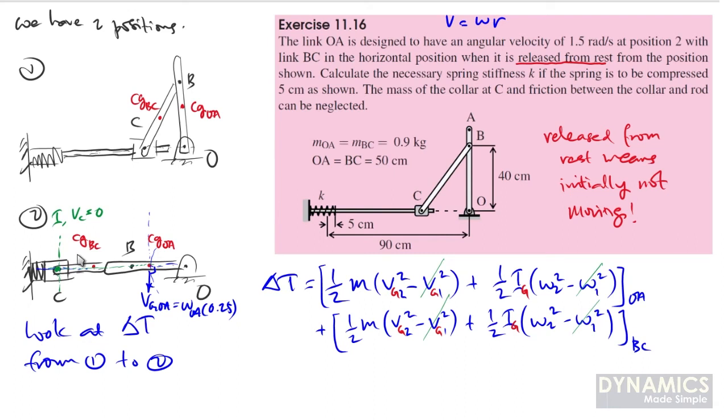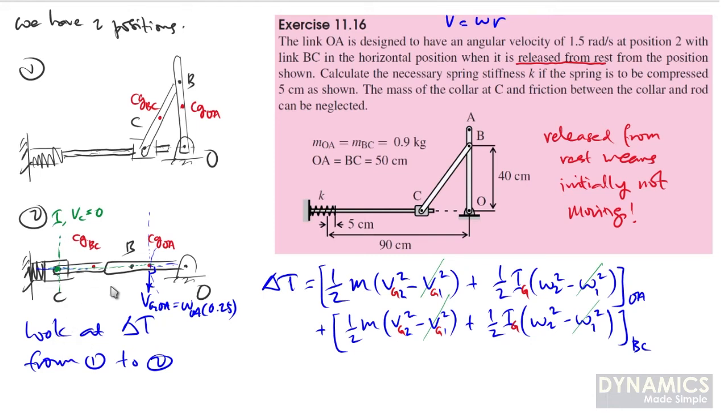How about the velocity of the CG for member BC? In this case we have to use this I again. We know that at this instant in time BC seems to be rotating about I. So point B seems to rotate about I, and the CG of BC also seems to rotate about I as well.